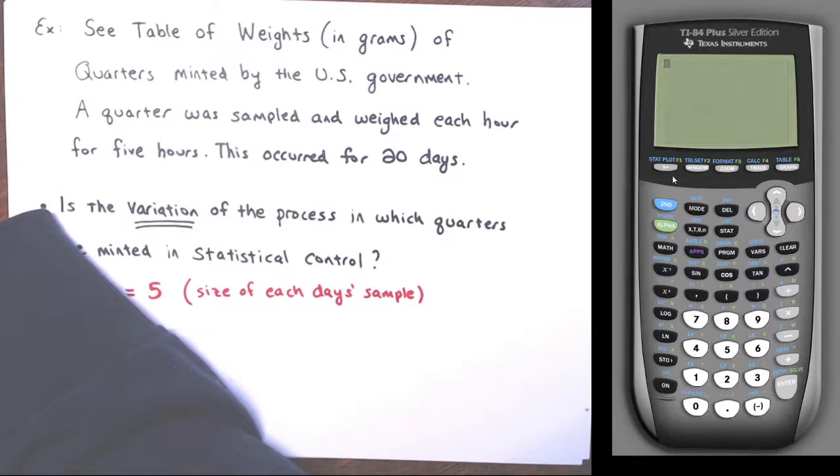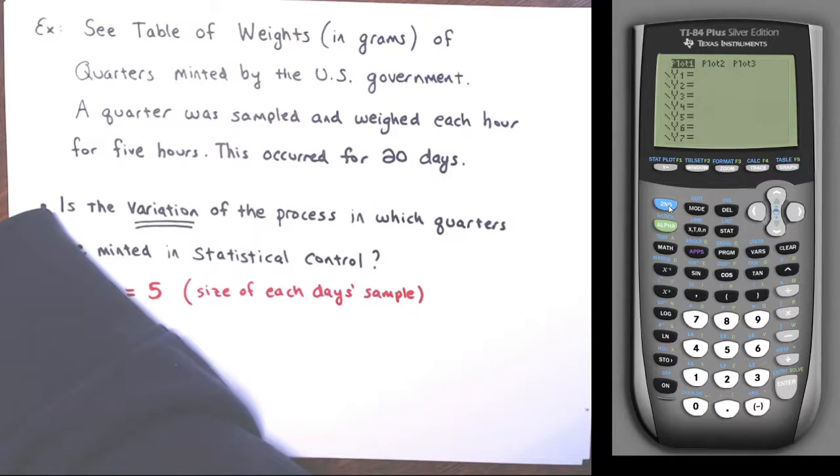So I'm going to go to the Y equals menu, because I'm not only going to graph the chart with the ranges in it that you saw, I'm also going to graph 3 lines. The first one I'm going to graph is Y equals R bar, which is the mean of those ranges.